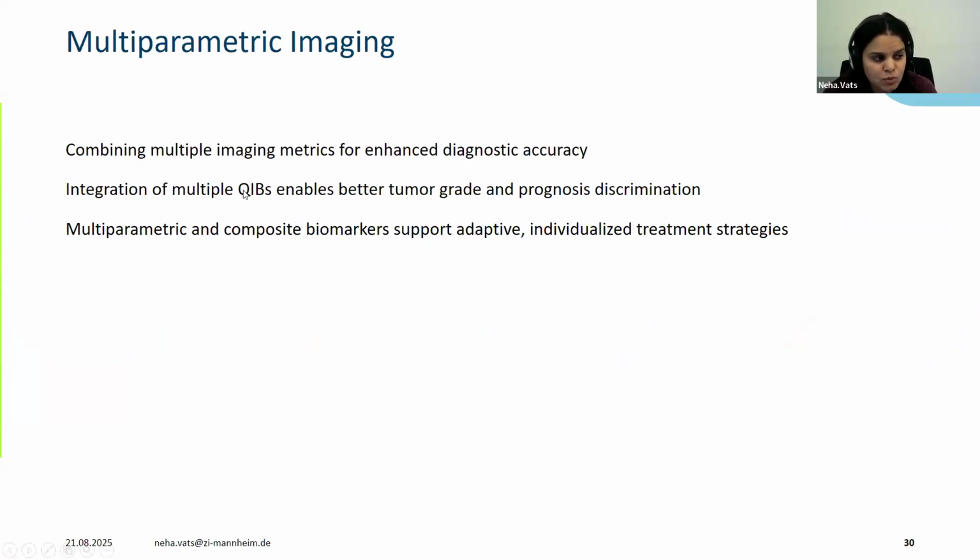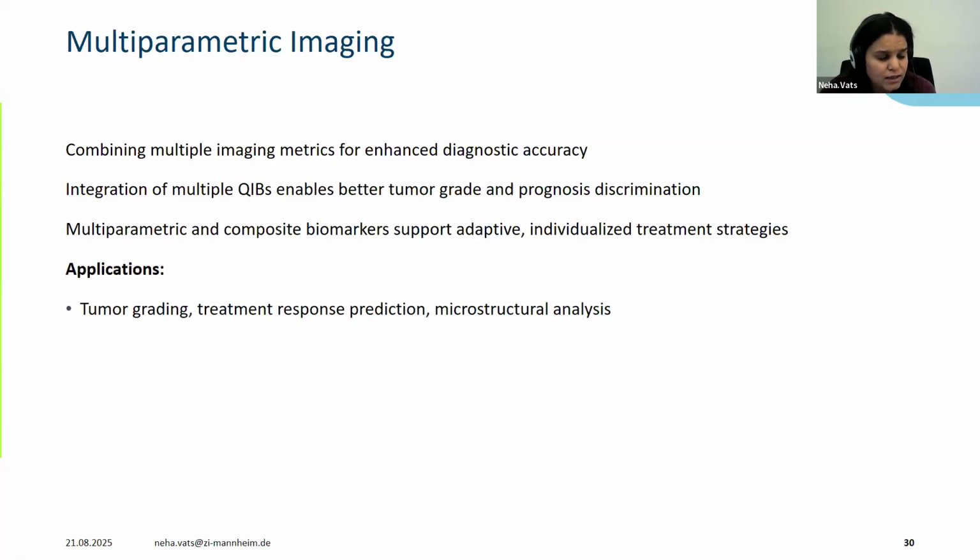Integration of multiple QIBs, that is quantitative imaging biomarkers, enables better tumor grade and prognosis discrimination. Multiparametric and composite biomarkers support adaptive or individualized treatment strategies. They have various applications when you combine these parameters in tumor grading, in treatment response prediction, or microstructural analysis.